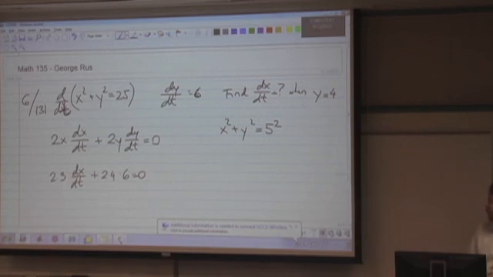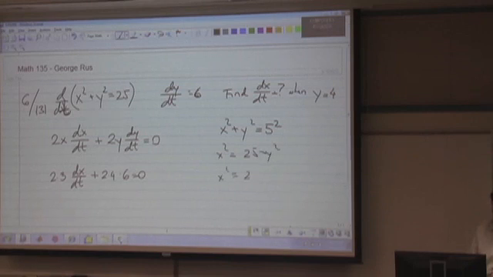If not, obviously you can solve for x. Alright, x squared is 25 minus y squared. So x squared is 25 minus 16, so x squared is equal to 9. So x is equal to 3. Right? Technically, I should point out that for all of these problems, x actually should be plus or minus 3.